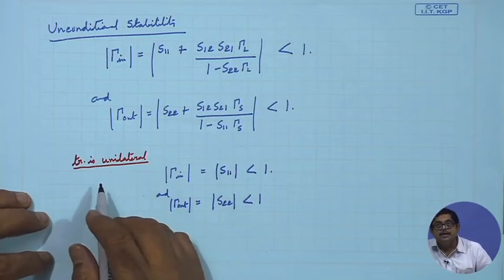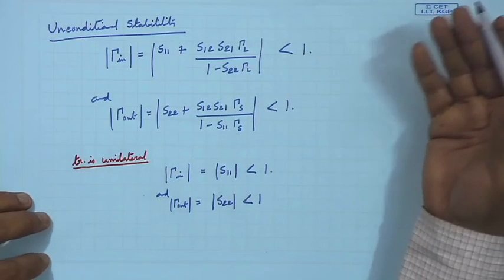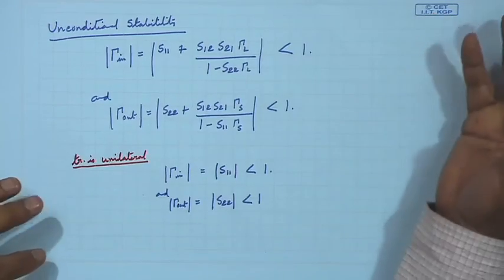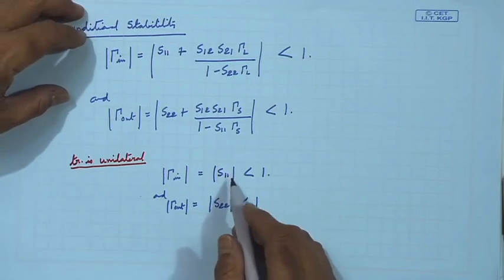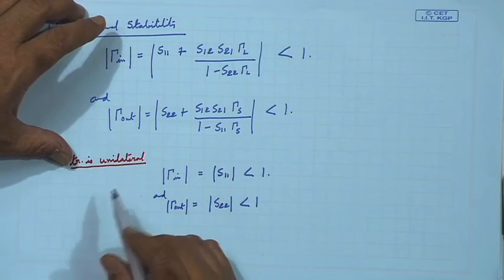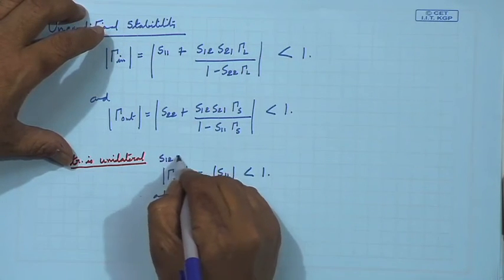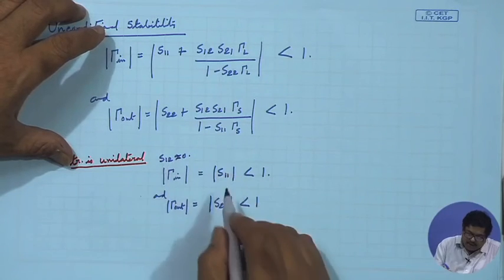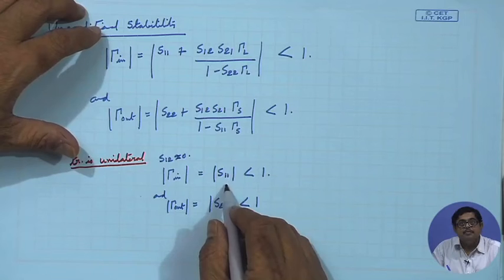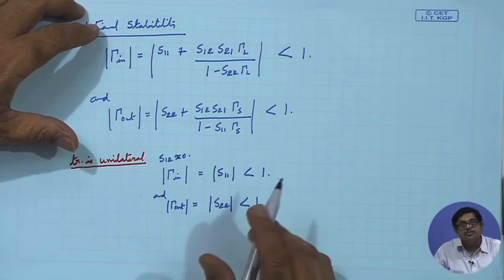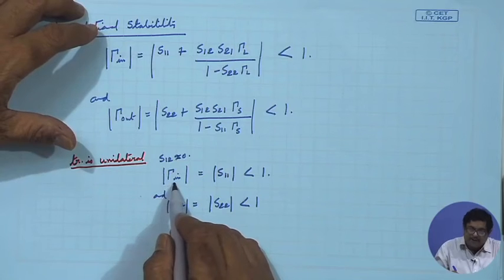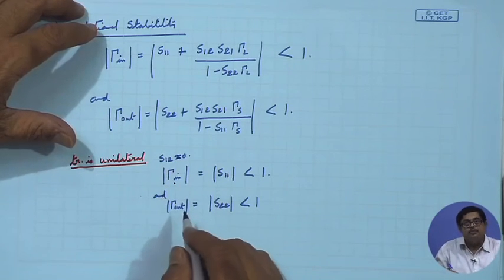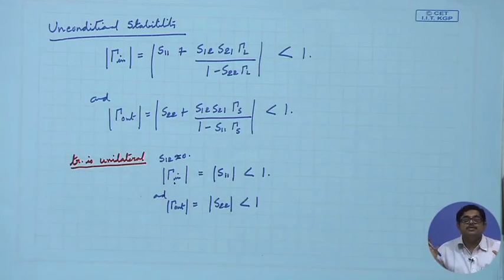For a unilateral transistor I can always check, because the manufacturer gives me the S parameters, or I can measure them with modern devices like a network analyzer, as we have seen in earlier classes. If S12 is 0 or approximately 0, and S11 magnitude is less than 1 and S22 magnitude is also less than 1, then I know the input and output reflection coefficients will also be less than 1. So, I will be happy and go on designing the actual thing.